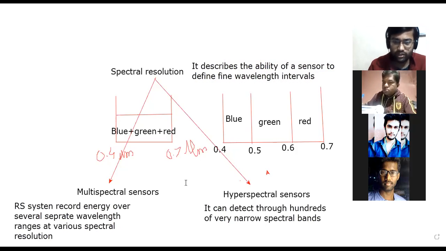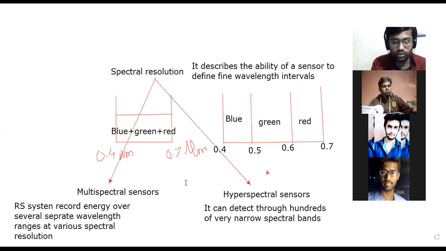So nowadays we are using hyperspectral sensor technology for better location of the target. Let's say DRDO is developing missile technology, supersonic missiles, which can move more than the speed of sound.